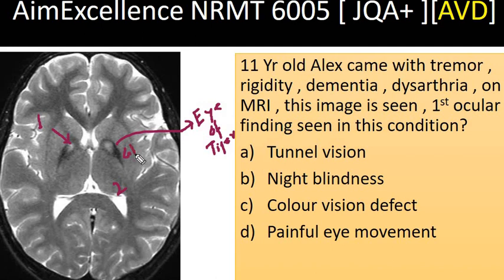Globus pallidus. At times it also affects the substantia nigra. So this is the area where it is happening. Why is it happening? Due to the accumulation of iron, and this is leading to neurodegeneration.